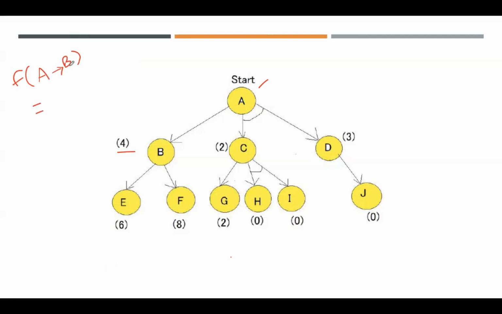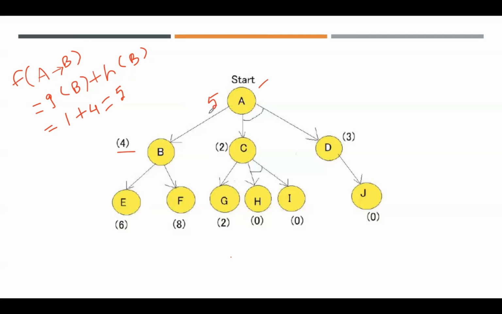So f of A to B is equal to g of B plus h of B. The g value by default is 1, and the h value on B is 4. Now we got the value as 5. So update this value: the path A to B has the value 5.